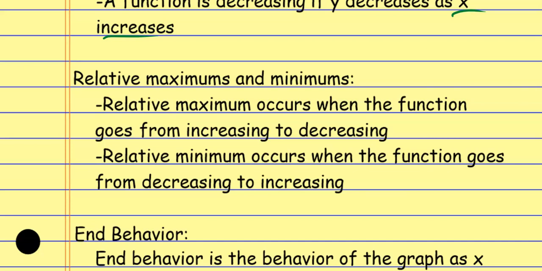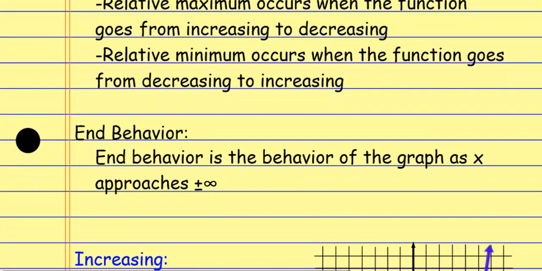Even though I'm not the shortest person on the planet, I'm not extremely short in terms of the overall population, in that room I would be considered the minimum, okay? Because I would be shorter compared to what's around me at the moment, okay? That's the idea of relative maximums and minimums, okay? So we just look for those turning points. Where do they go from increasing to decreasing or decreasing to increasing?